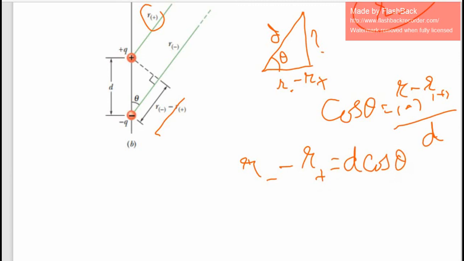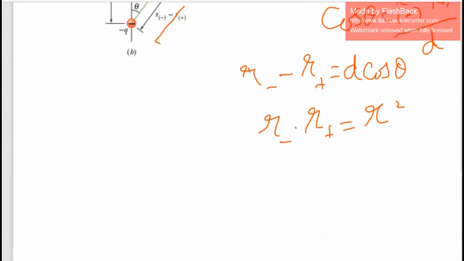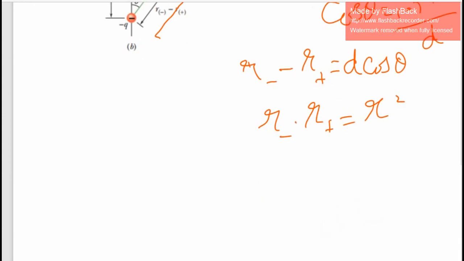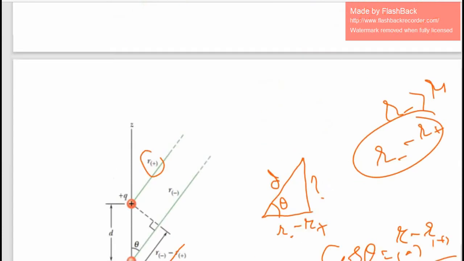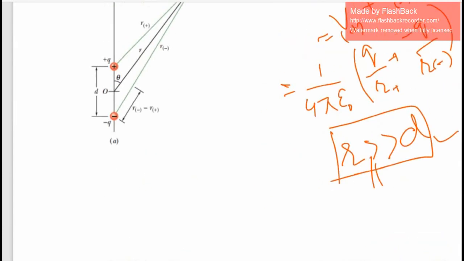Okay, and another approximation: r minus times r plus is equal to r square. This will make our calculations very easy. Now we come to the potential by putting these values in the above equation. Where is the above equation? This one.